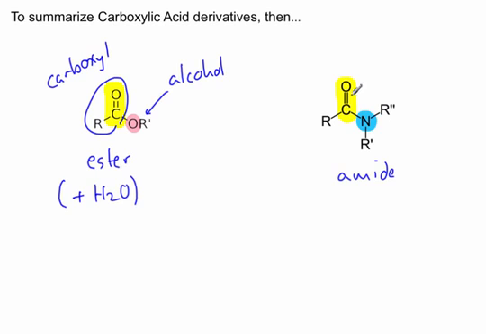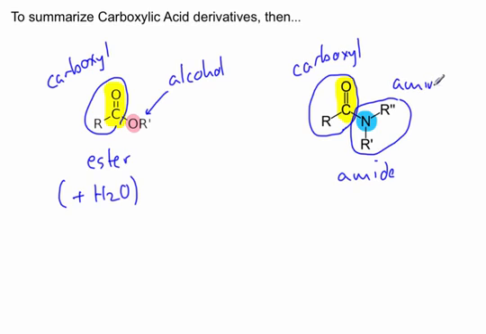The amides originate with a carboxylic acid, hence both of them are carboxylic acid derivatives, and it also reacts with the amine. So this carboxylic acid reacts with an amine, and you get an amide. And you also get water. So they're both condensation reactions.